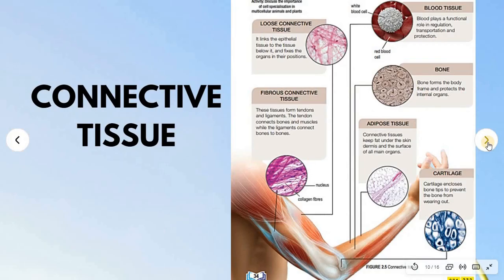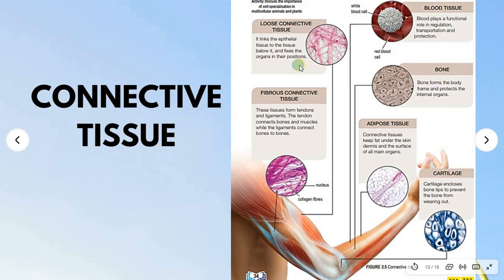Next, we go to the connective tissue. There are a few types of connective tissue, and you should remember the examples. For example, loose connective tissue links the epithelial tissue to the tissue below it and fixes the organs in their position.